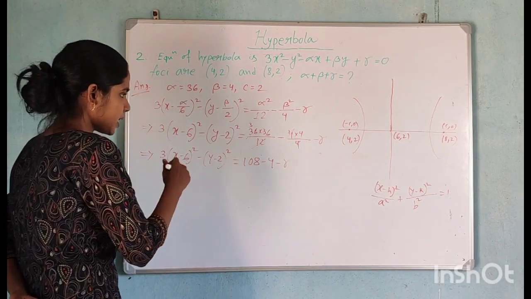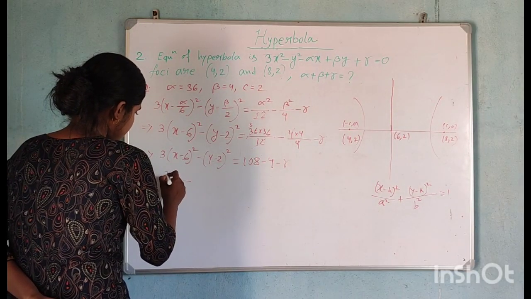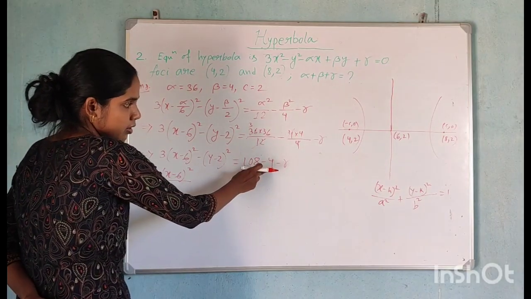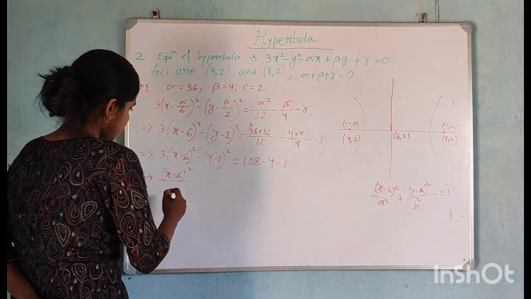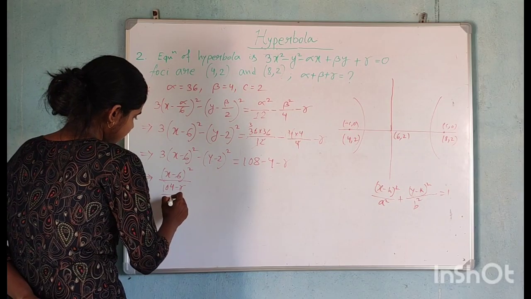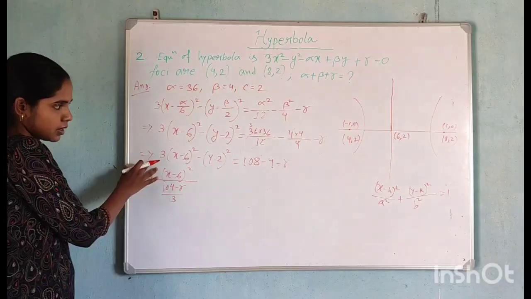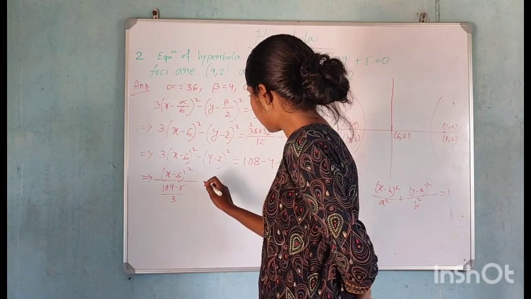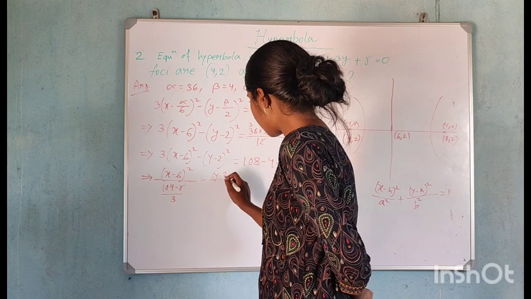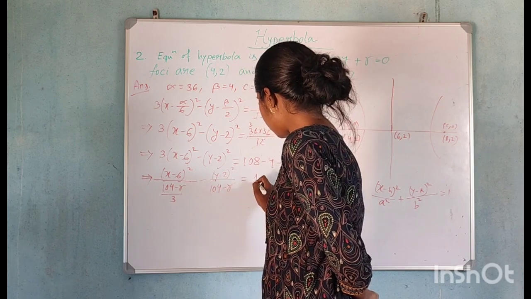Okay. Now we can write it in this form. So it will be x minus 6 whole square by 104 minus gamma by 3, and this will be y minus 2 whole square by 104 minus gamma, and on this side it will be 1.